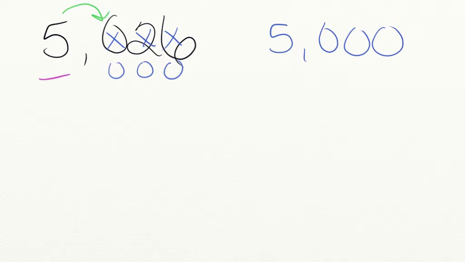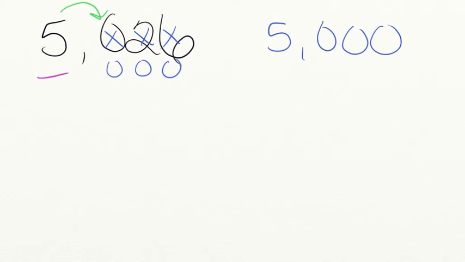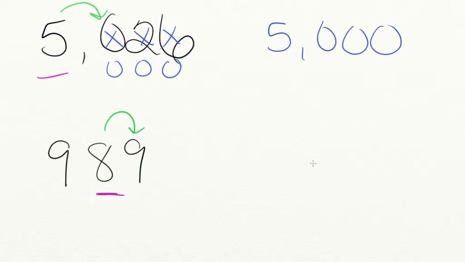I think you can go through another practice problem. Let's try 989, and we're going to round this to the nearest tens place. Step 1. Underline the tens place. Step 2. Look at the number directly to the right of the number you underlined. Step 3.